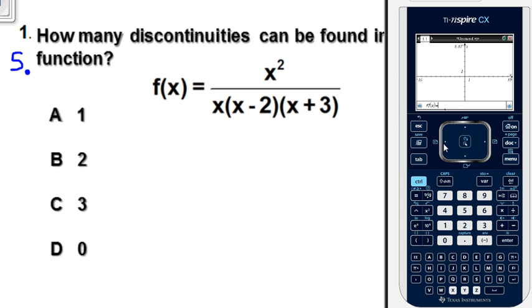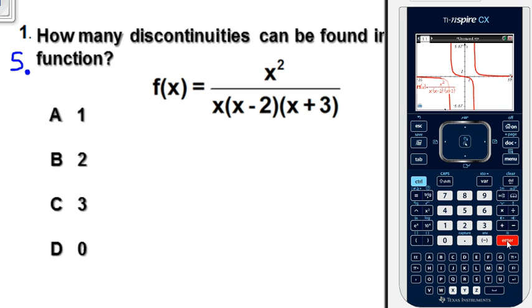I don't know if you could see this in the video, but if we enter in our numerator x squared, and in the denominator we have x times quantity x minus 2 times quantity x plus 3. I don't know how well it's going to turn out in the video, but we will see.